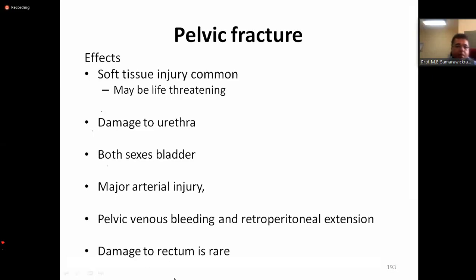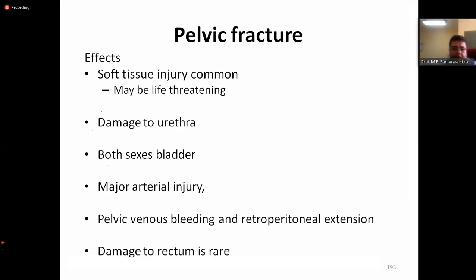Right. And in pelvic fractures, an important thing that you have to know is what are the soft tissues that can be damaged. They can damage the urethra, bladder, and major arteries, external and internal iliac arteries, and veins.